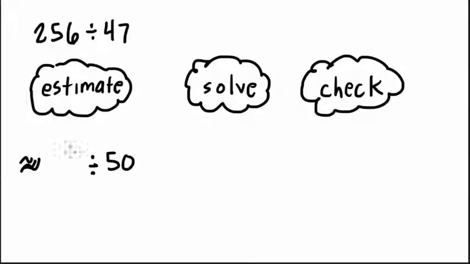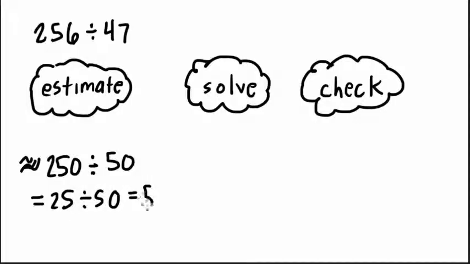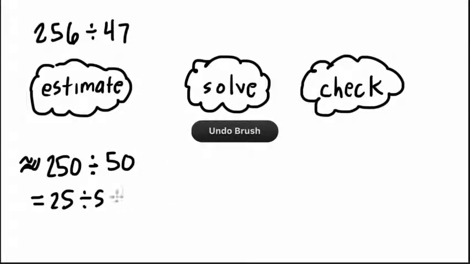A multiple of 50 that's closest to 256 would be 250. So then I know that 250 divided by 50, let's refix that, 25 divided by 5, is equal to 5. That makes more sense.